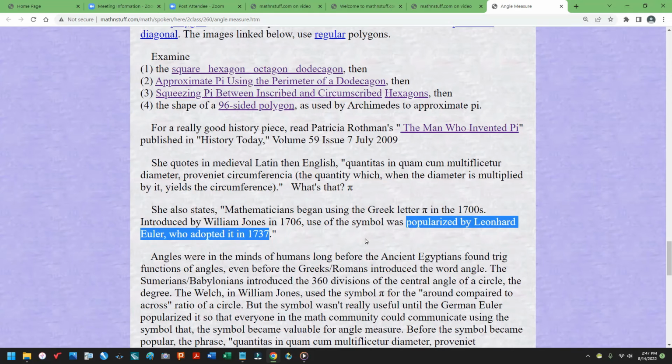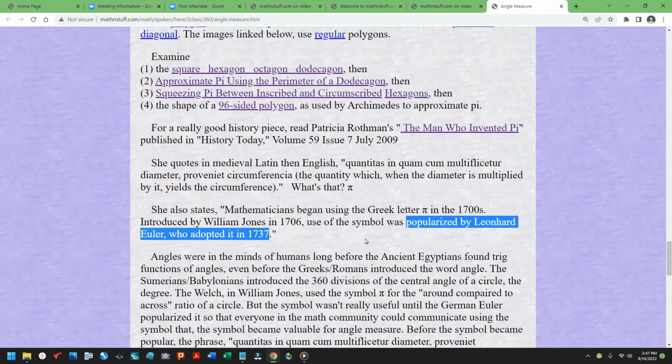Probably not spoken. They might have had a similar phrase. I don't know. I wasn't around then, believe it or not. So you had to have the idea. Then you had words to describe it. Then you had a man who popularized a symbol used by someone else.